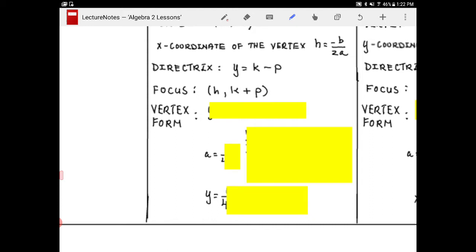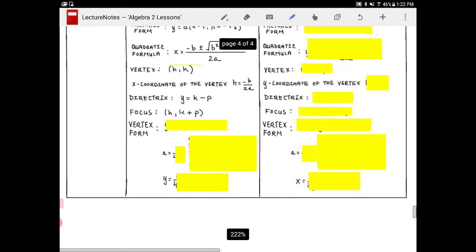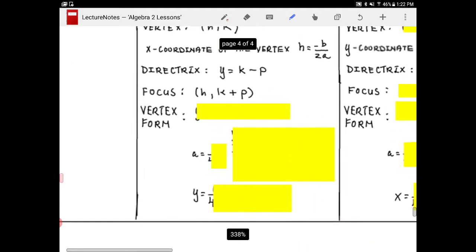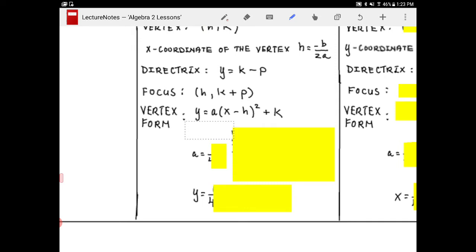And then we can re-express the equation of the parabola, not in standard form, but in vertex form. And in the derivation that we did in the previous video, it was found that the leading coefficient a gave us a lot more information about the parabola.